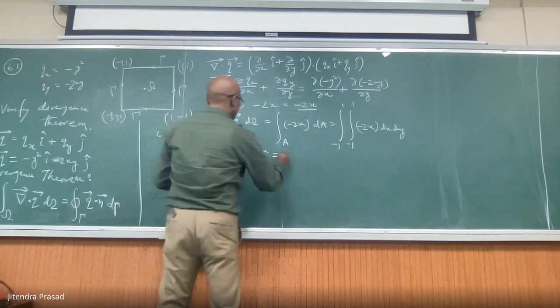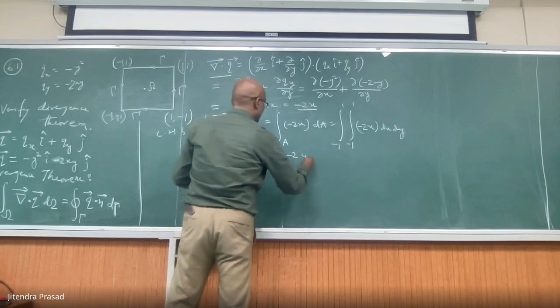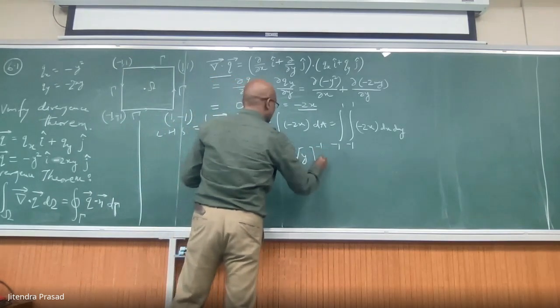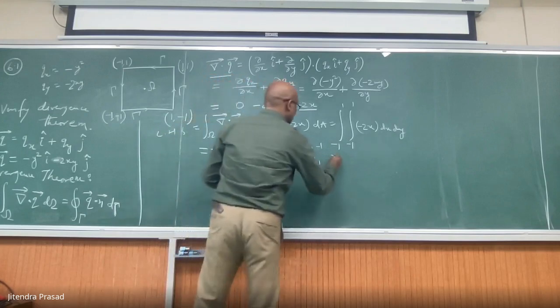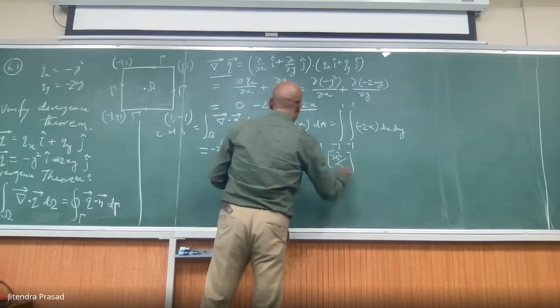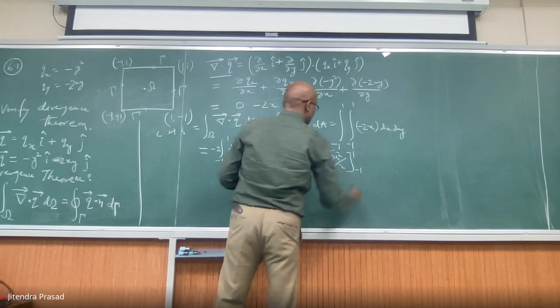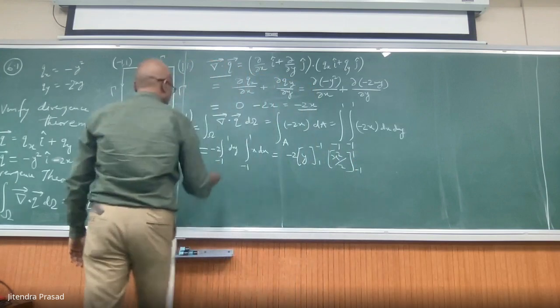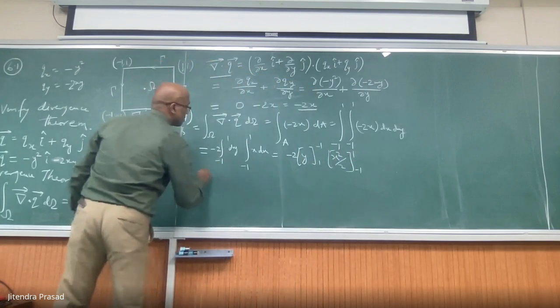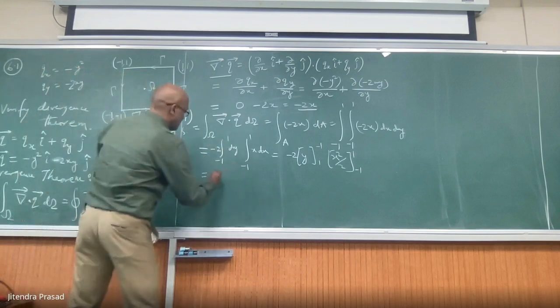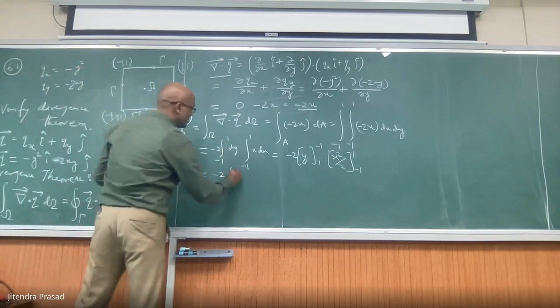So that will be equal to minus 2y, from minus 1 to 1, and then x squared over 2, with values from 1 to minus 1. And that is equal to minus 2, and then we have 2 here.